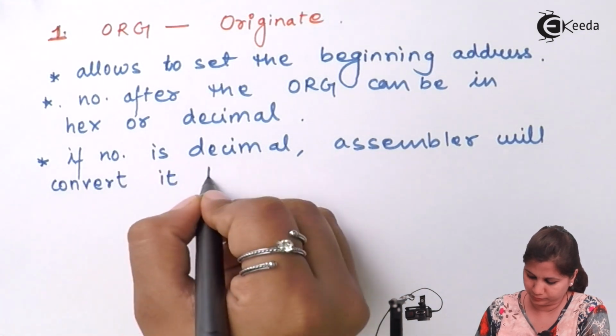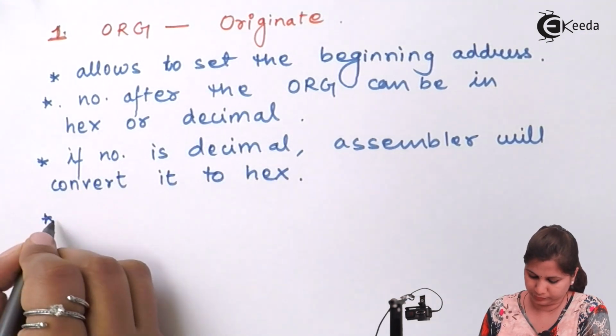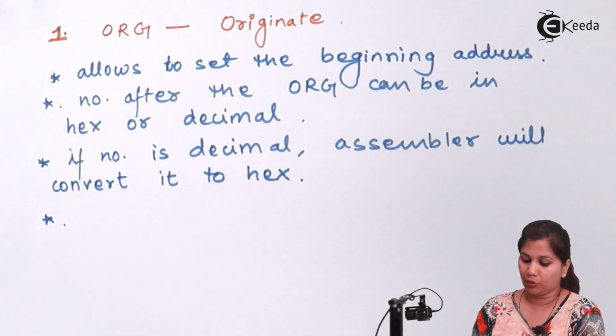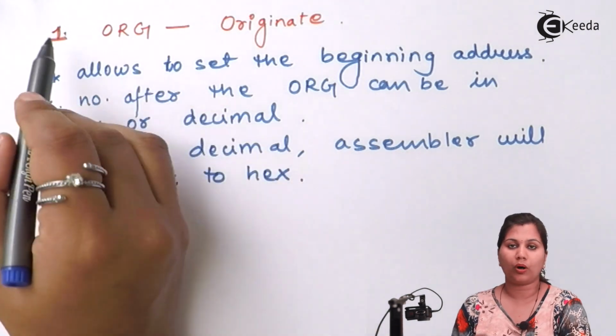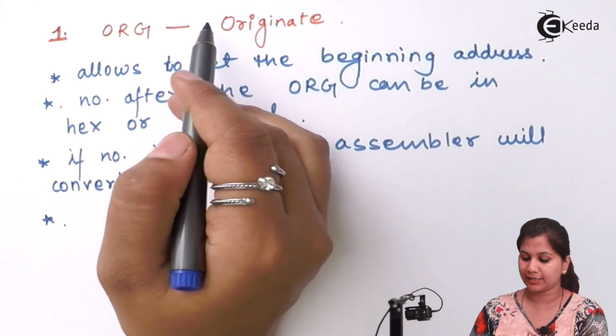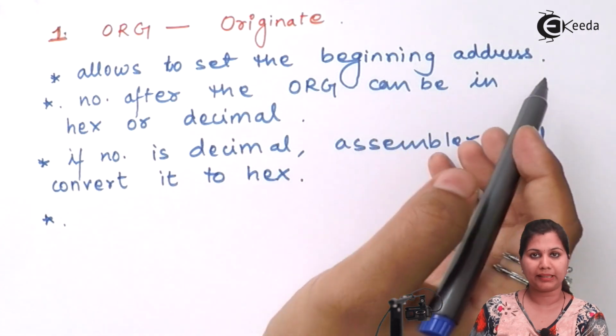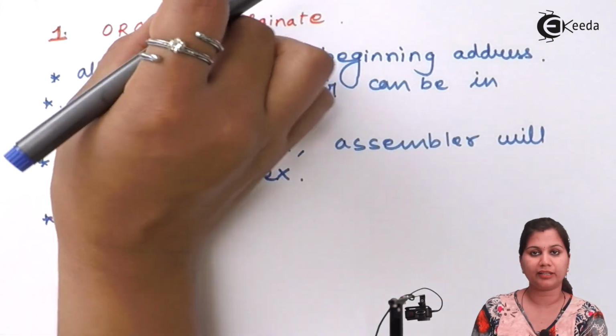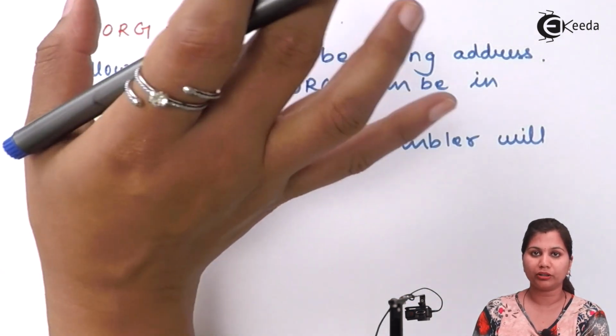So the originate or ORG directive allows us to set the beginning address, and this address is written after it in the form of a number.